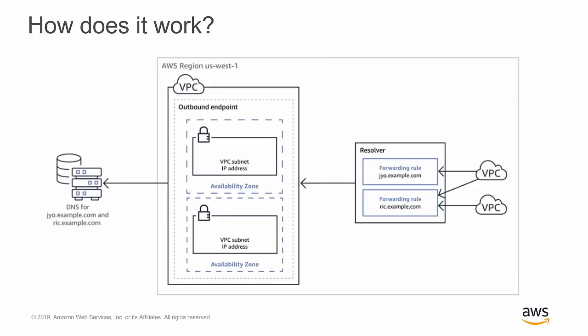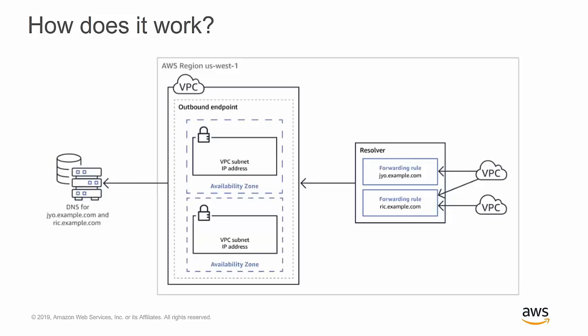So going in the reverse direction, let's say that your VPC needs to get an answer that is on-prem, something like onprem.example.com. What will happen is that a VPC, maybe over here to the right, will have a query such as onprem.example.com.